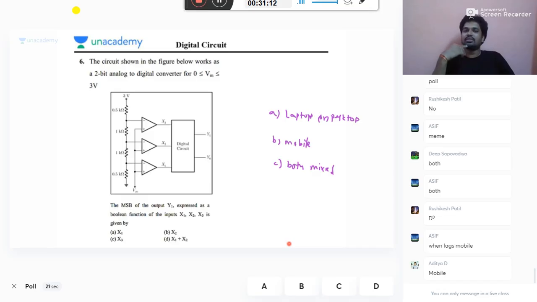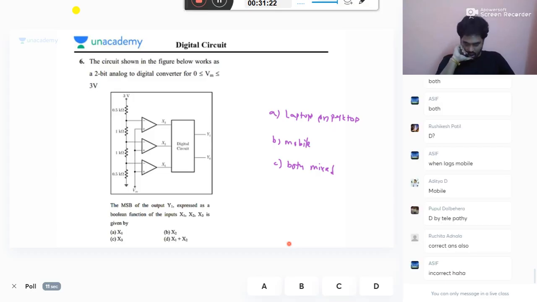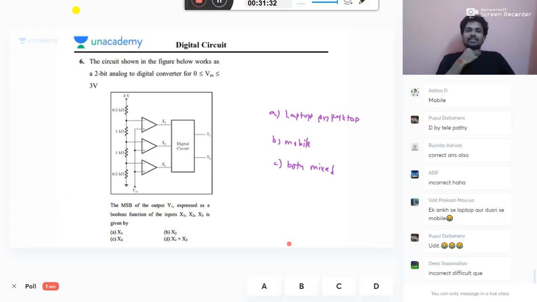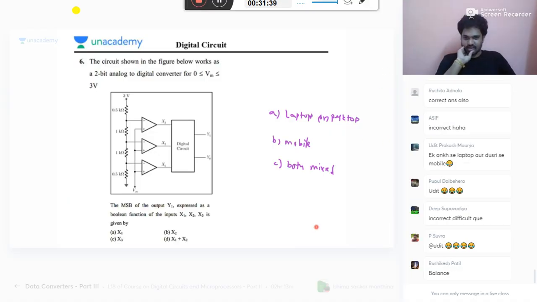I just made a right answer so that I can get some percentage. That's all. Yeah, 24% like that. So almost equal. Okay.